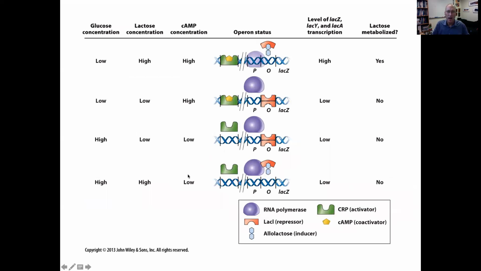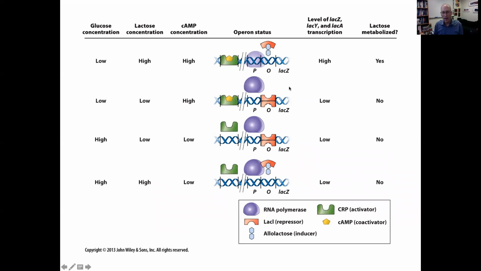Now here we combine the two of them, okay? So we have 4 different possible conditions depending on whether glucose is present or absent, or high or low as shown here, whether lactose is high or low shown here, okay? And that's going to affect the ability of these respective proteins to bind to their operators, their binding sites in the context of the promoter, which then is going to affect whether RNA polymerase is going to be able to initiate transcription.